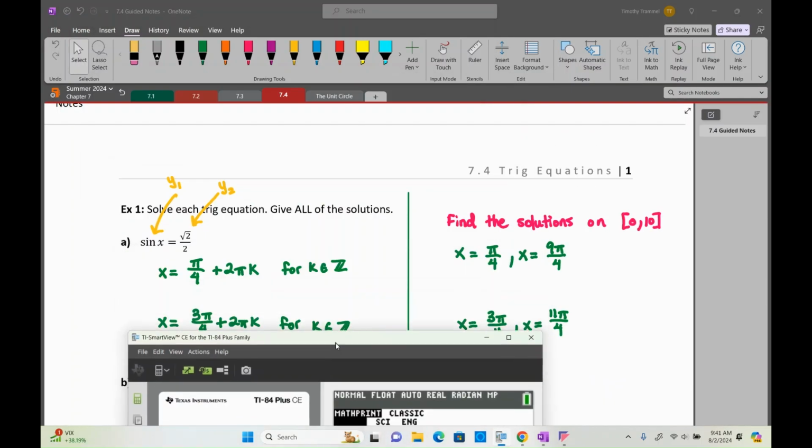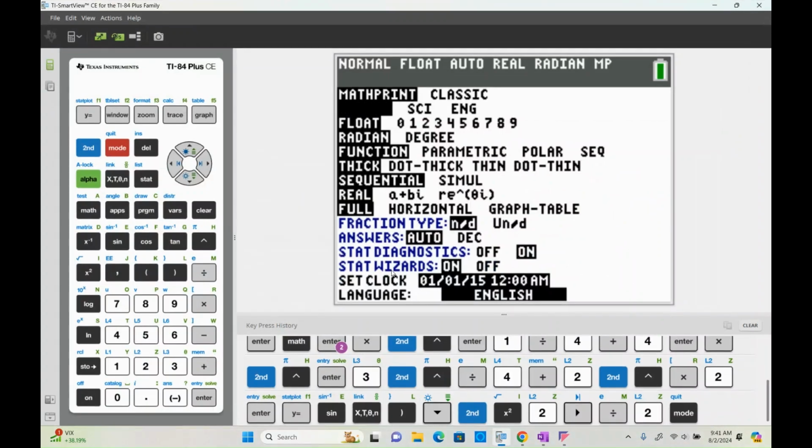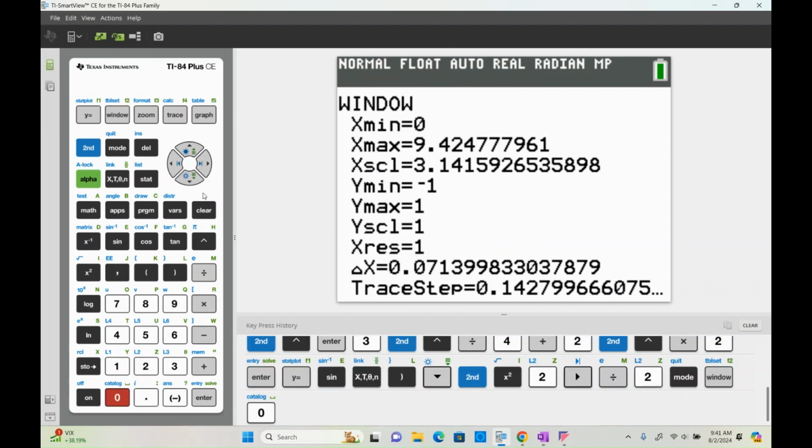I am in radians, which is good because we solved this equation in radians, even though the question actually didn't specify whether to be in radians or degrees, but I chose to go with radians. From here, let's hit the window. So we only want to see the solutions from x equals 0 to x equals 10.